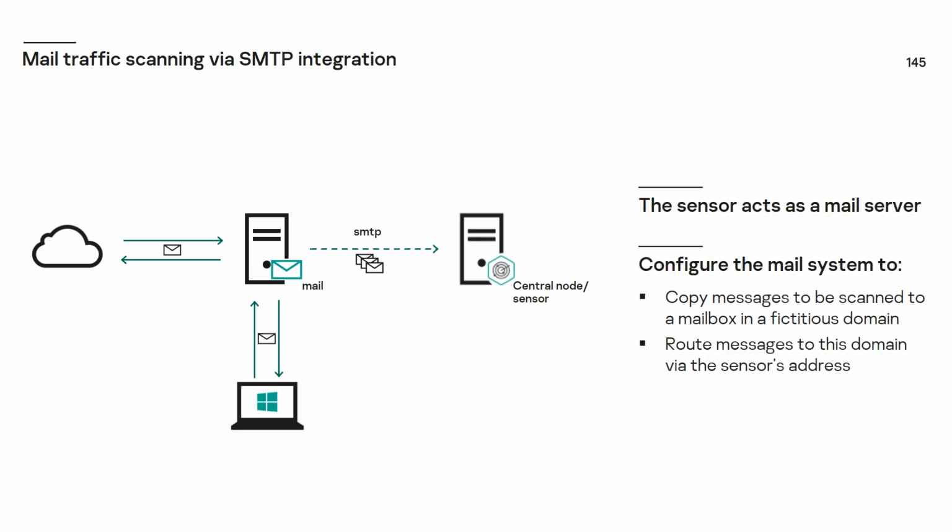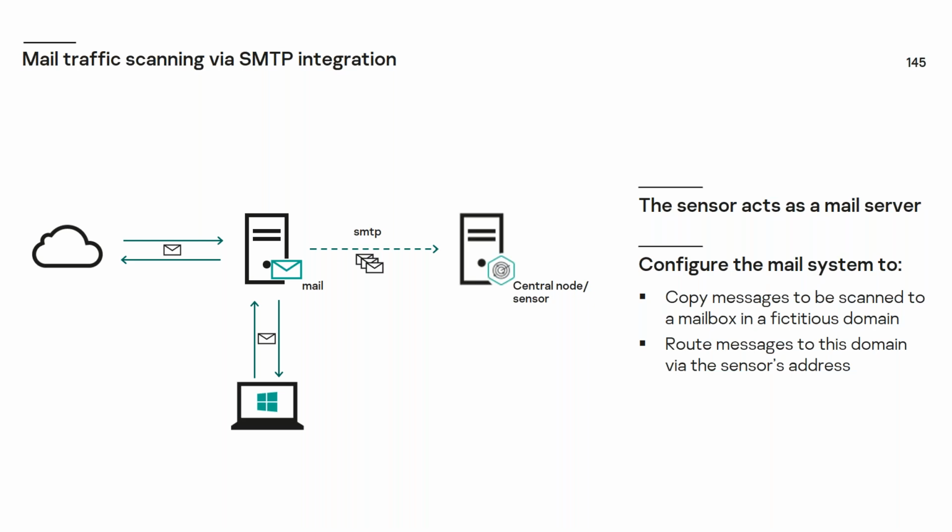When we talk about SMTP traffic, instead of the sensor acting as a mail client, our sensor is now going to act as a mail server, right? And what we're going to do is we're going to configure the mail system to, once again, copy all of the messages to the fictitious domain, and we're going to route all messages to this domain via the sensor's address, right?